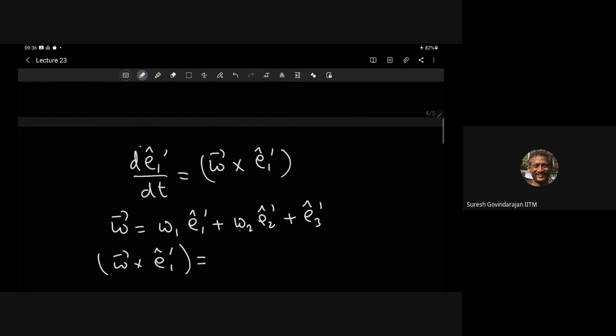We'll get omega 2 into E2 cross E1 prime, which is 1, 2, 3, 1, 2, 3, so 2, 3, 1. So it's minus omega 2 E3, plus omega 3 times E3 cross E1.